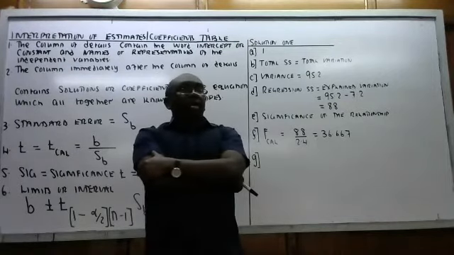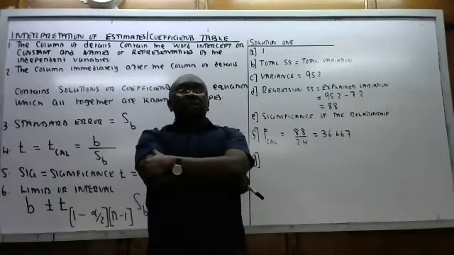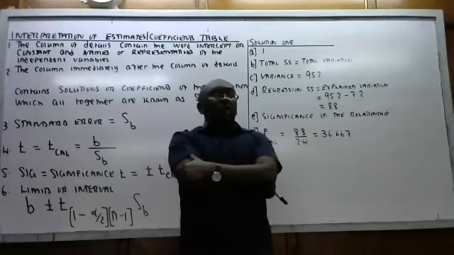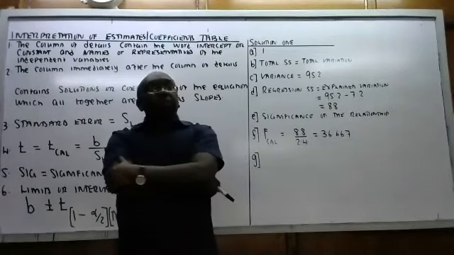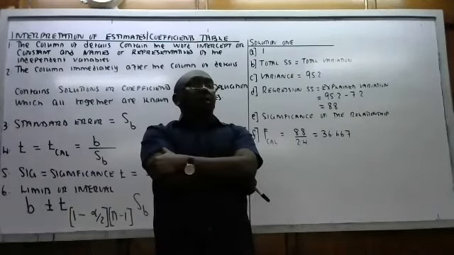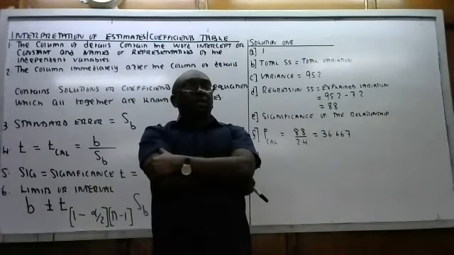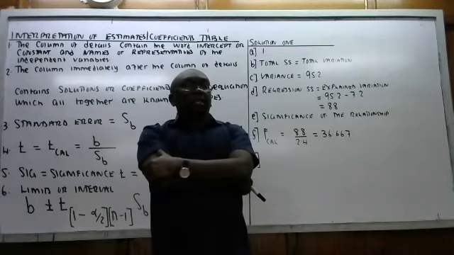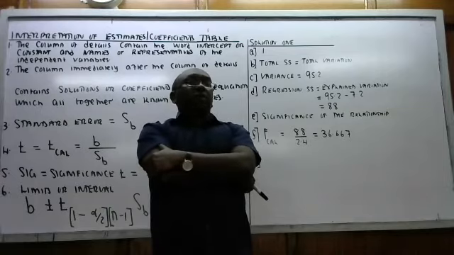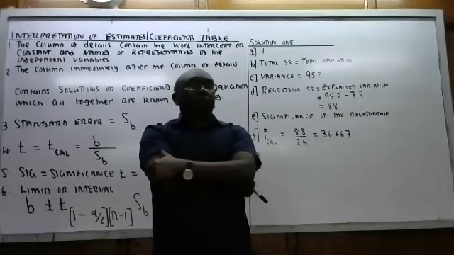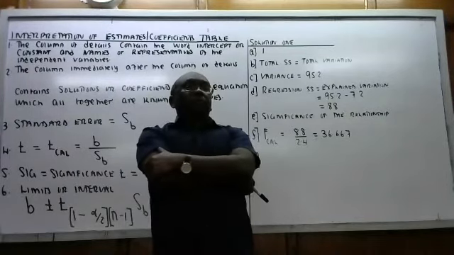Then we went to the next step, which is the conclusion. We reject the null because F calculated was greater than the critical. So how many values did we require to make the conclusion? 2.